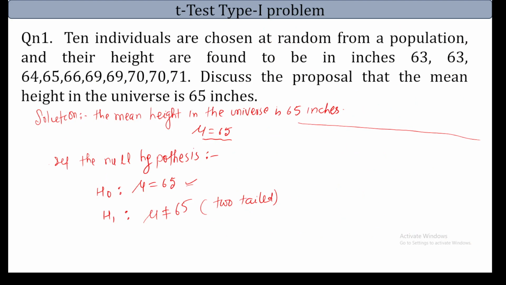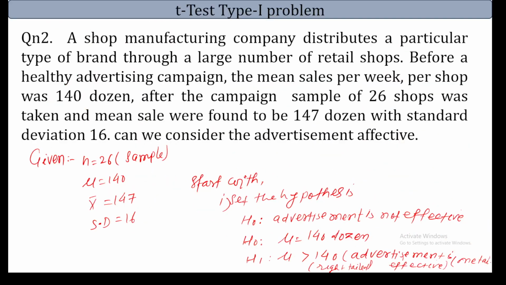Again we have one more question. Instead of giving a sample, they have given x bar, mu, and the standard deviation, so you can directly apply the formula. A shop manufacturing company distributes a particular type of brand through a large number of retail shops. Before a heavy advertising campaign, the mean sales per week per shop was 140 dozen.